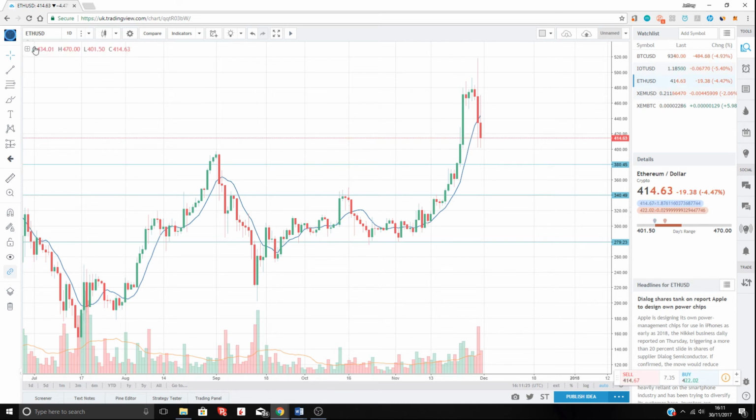But we have to tweak the settings. There are different types of moving averages. A lot of people look at different settings for the moving averages. I personally like the 200 or the 255 moving averages, because I usually just look at the daily charts most of the time when I'm doing my analysis, unless I want to be super accurate with my entries.